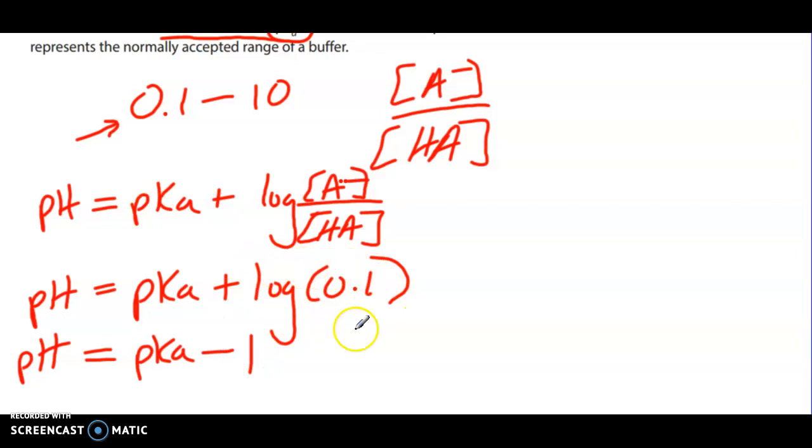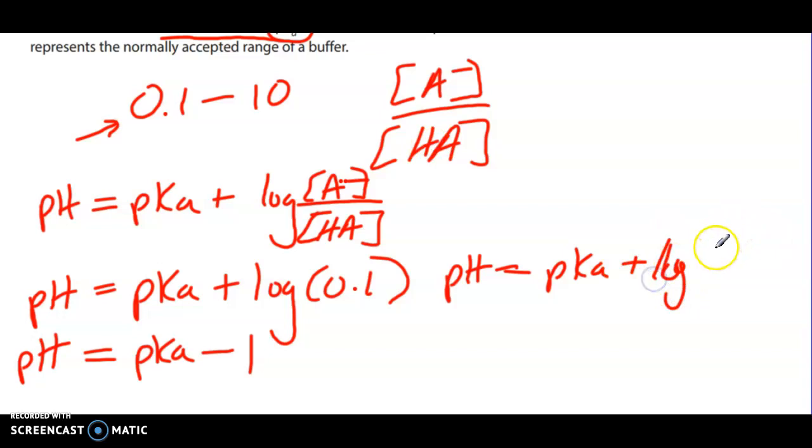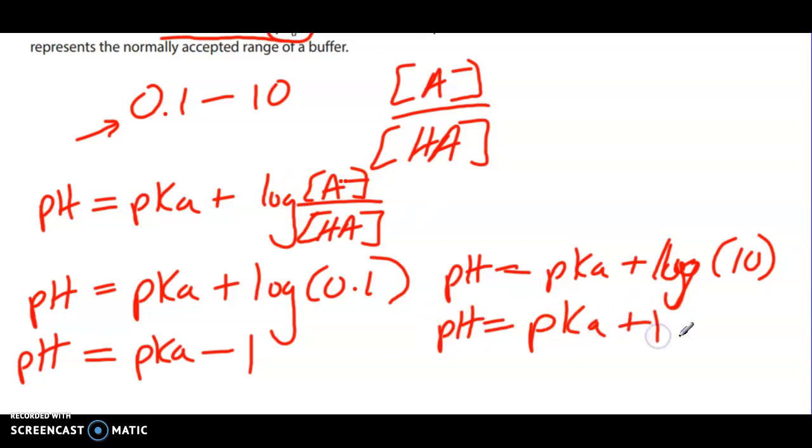If we do this exact same thing with the ratio of 10, the log of 10 is actually +1. So this would be pH is equal to pKa plus 1.